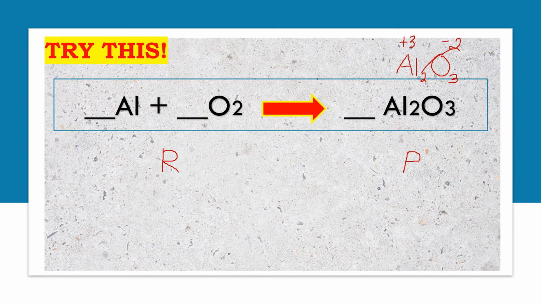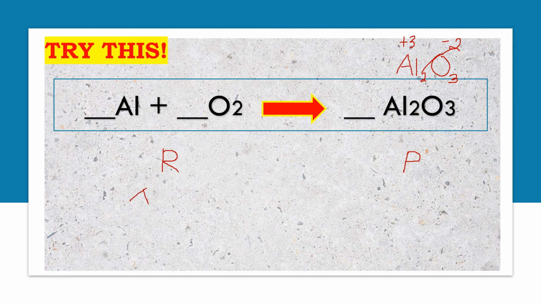Now question, when you're going to write O in a separate way, oxygen will always be a diatomic molecule, so you put 2 to represent that oxygen is a diatomic molecule. So let's check the number of atoms present for the reactant side. So what are the elements present for the reactant side?